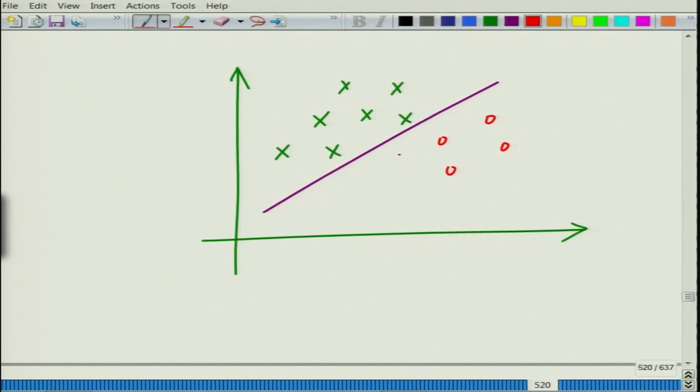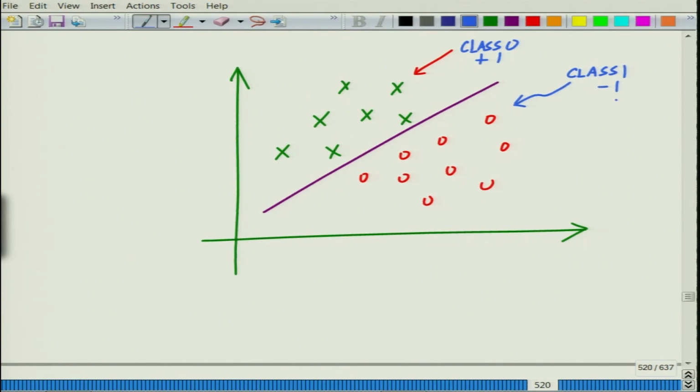which is to be partitioned into, so this is your class 0, let us say, and this is your class 1. I can denote this by +1, -1.